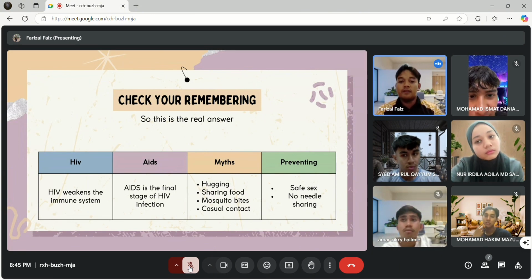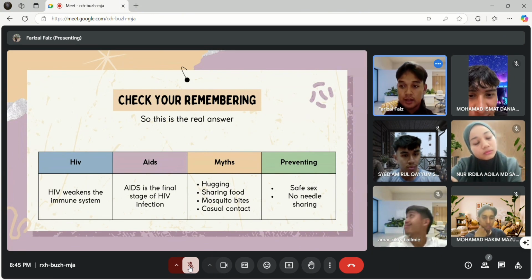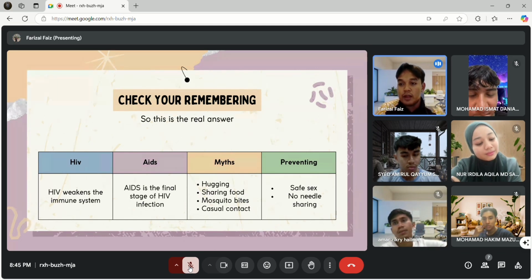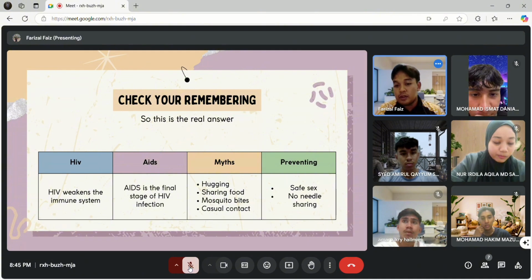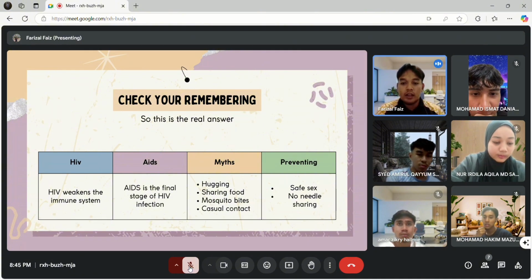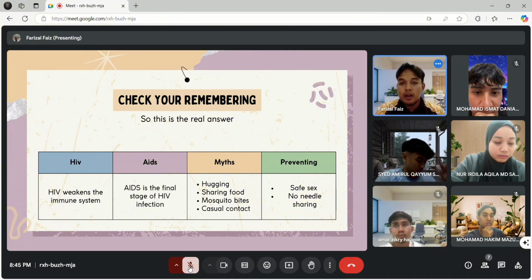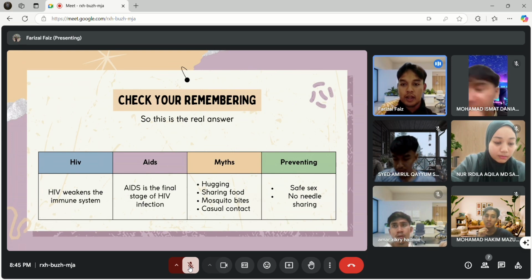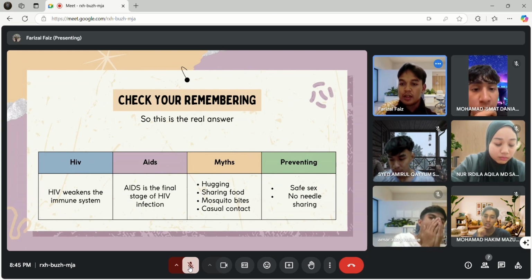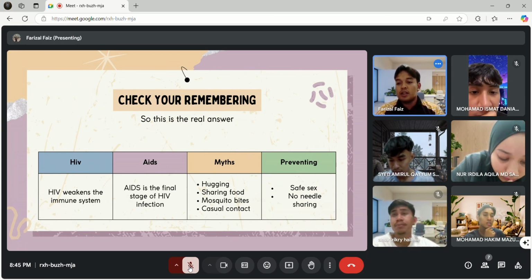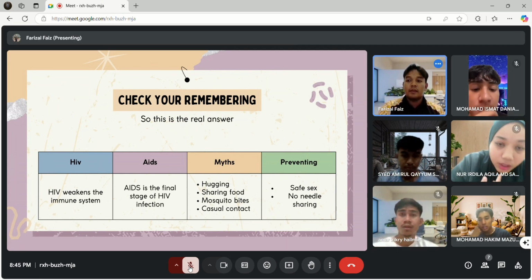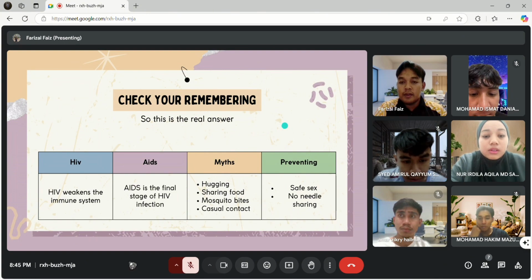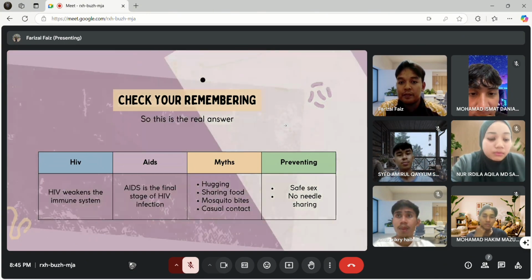AIDS is the final stage of HIV infection. Myths: like I mentioned before, hugging, sharing, mosquito bites, and casual contact will not spread HIV. And prevention is safe sex and no needle sharing. Okay, understand? Yes, teacher.